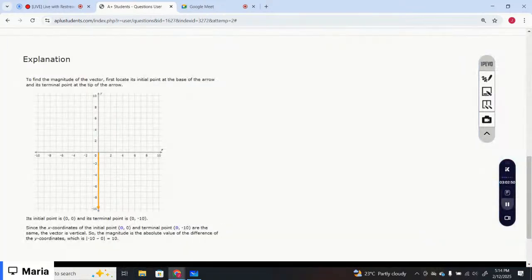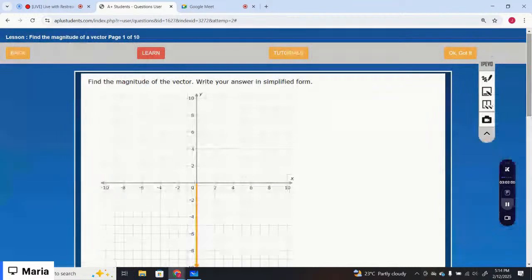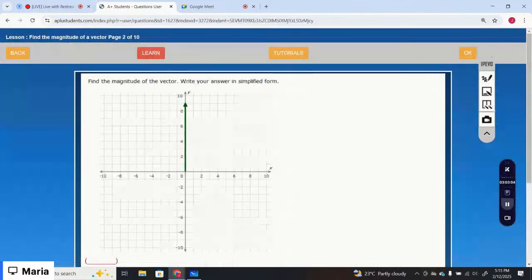You have to calculate the absolute value. Sorry, the magnitudes are not negative. You have to calculate the absolute value. So that is 10. Option number 1 is the correct option. Okay, find the magnitude of the vector, write your answer in simplified form.